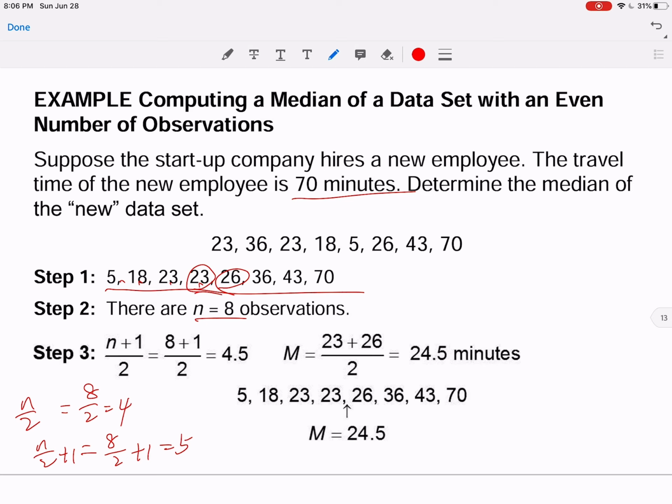So of course, what they did over here is that they used n plus 1 divided by 2, which is 4.5. When we're talking about position, it cannot be 4.5. But technically, 4.5 is somewhere between the fourth one and the fifth one. So in this case, the median is going to be equal to the average of the fourth number and the fifth number.